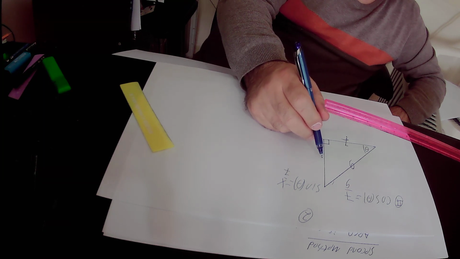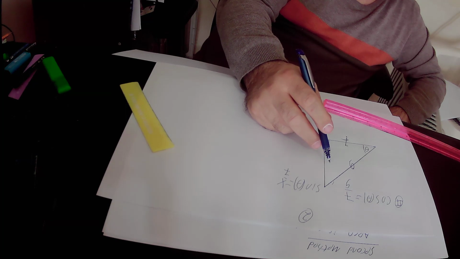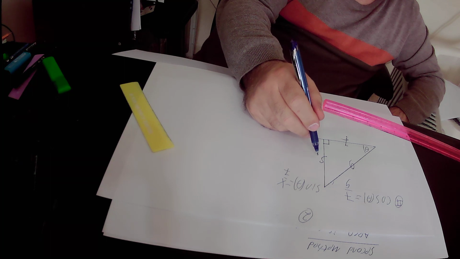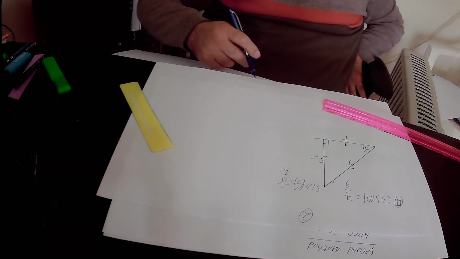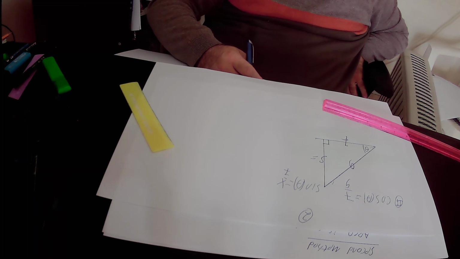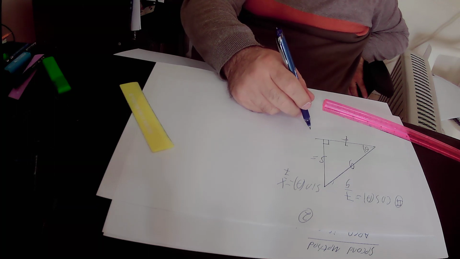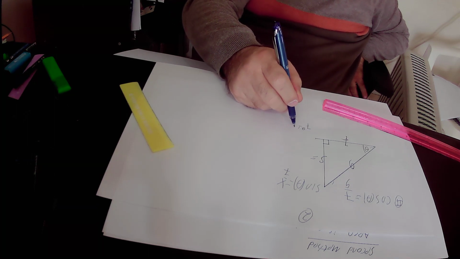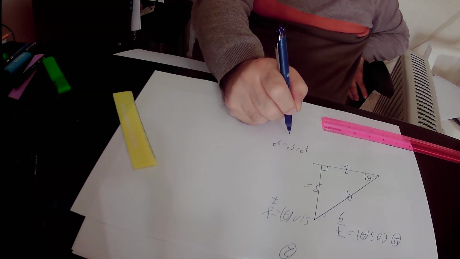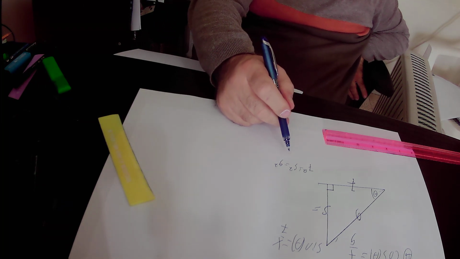And if we want to find out the value of the side that is in front of angle theta, we'll define it as s, and according to the Pythagoras theorem, we know that 7 squared plus s squared equals 9 squared. The square of the hypotenuse equals the sum of the squares of the perpendiculars.